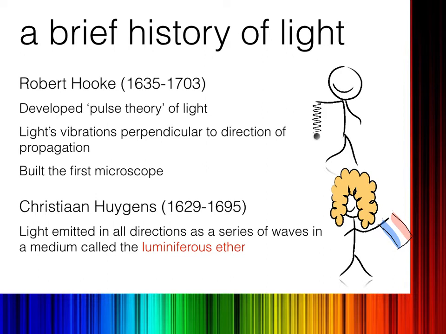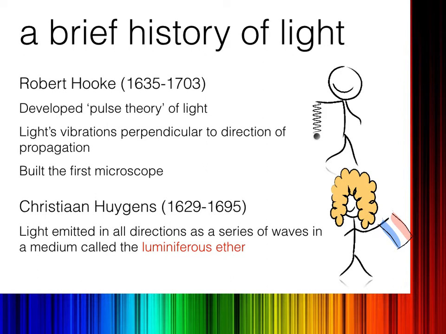Hooke was very interested in polarizers and things like this, and he built the first microscope and was actually using the optics of microscopes to draw the most amazing pictures of tiny little insects and things like this. And the polarizers were vital in looking at those insects. And he also managed to elucidate some things about colour as well, using these polarizers.